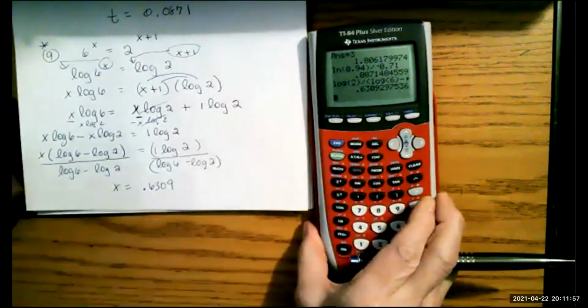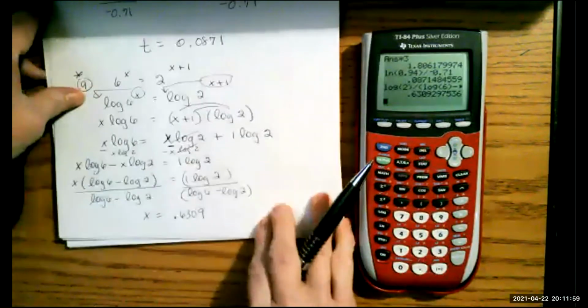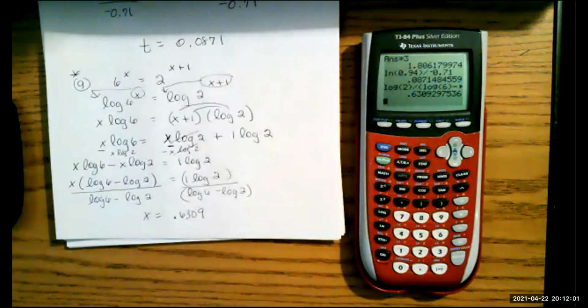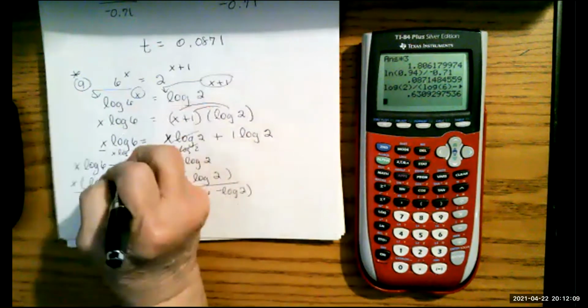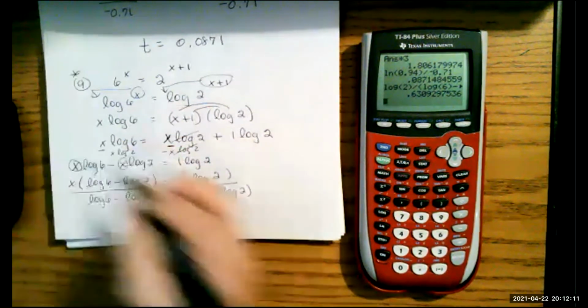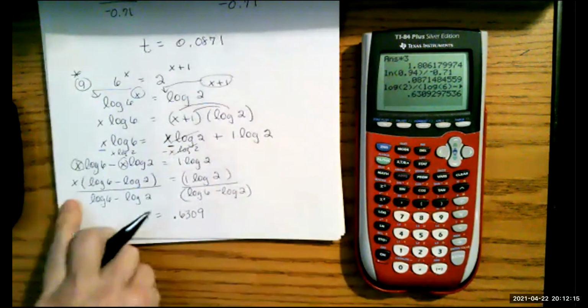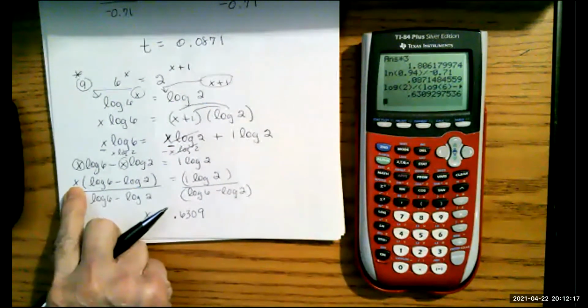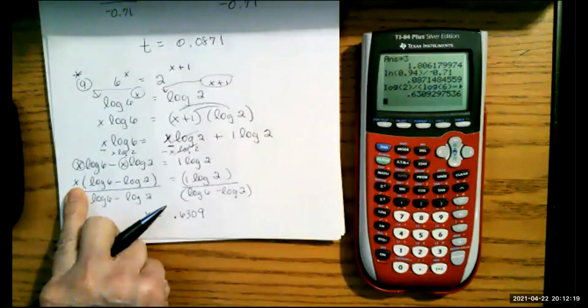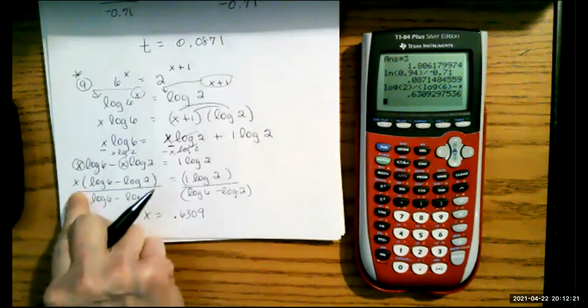I've got a question. I'm trying to figure out what I did wrong. Okay, so I did x log 6 minus x log 2 equals 1 log 2. And then I took the x out.